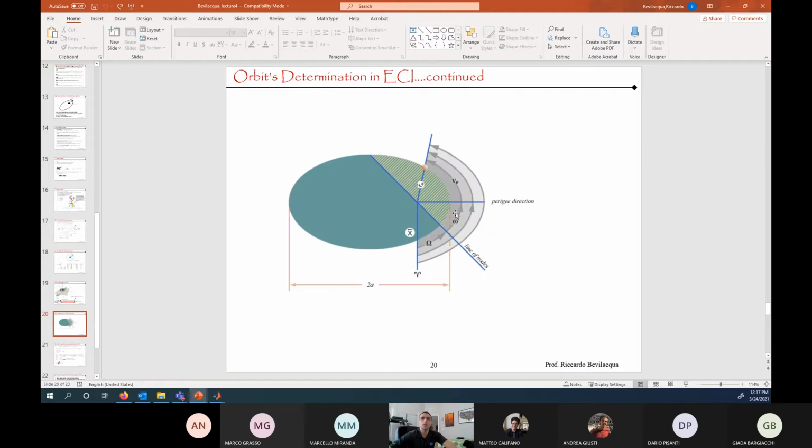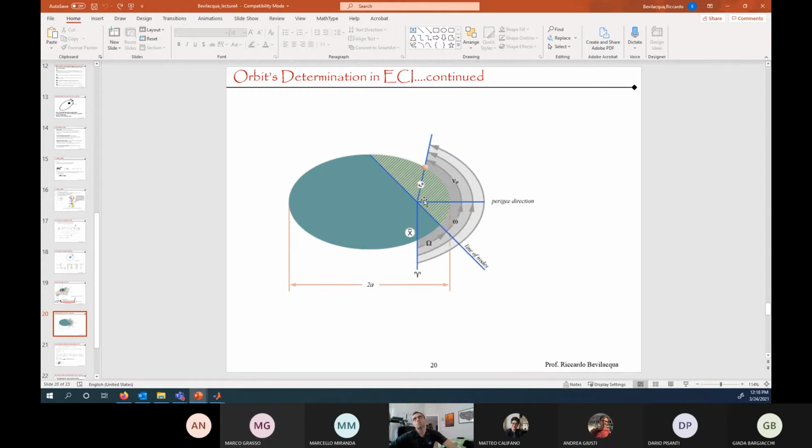So if I go back to this image, if I use the direction of perigee, well, they seem to be at 90 degrees in this image, but they don't have to be. So forget about this x-axis. In general, it is not the case that the perigee direction is at 90 degrees with that.